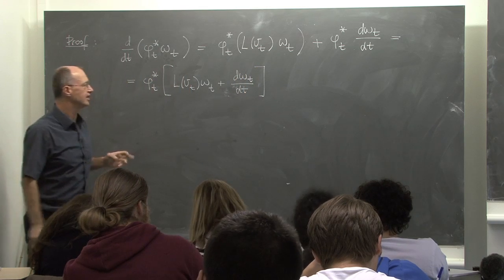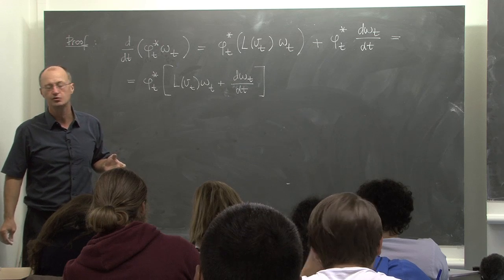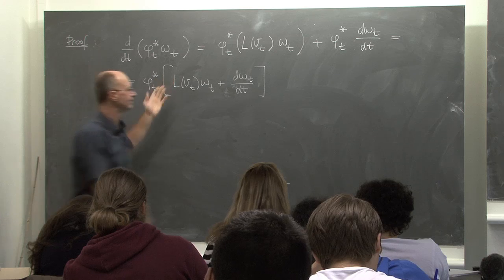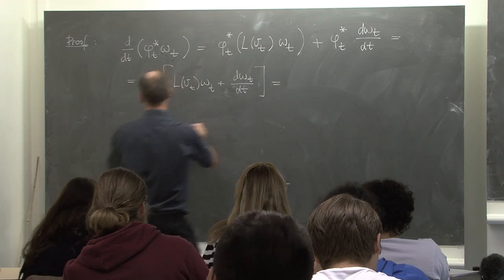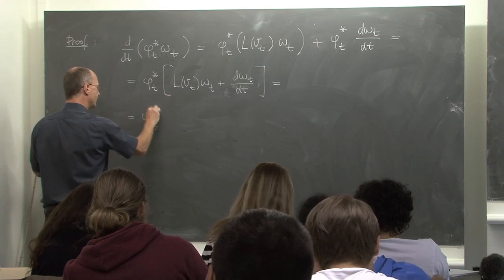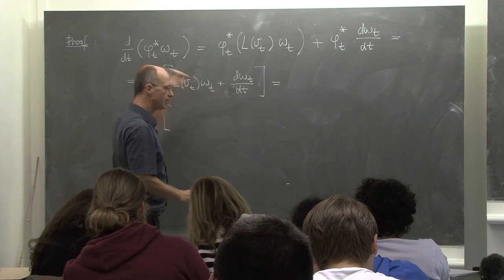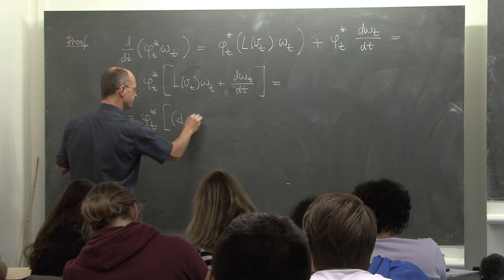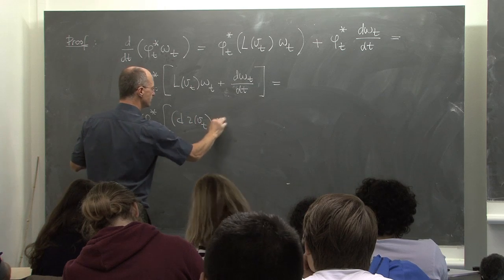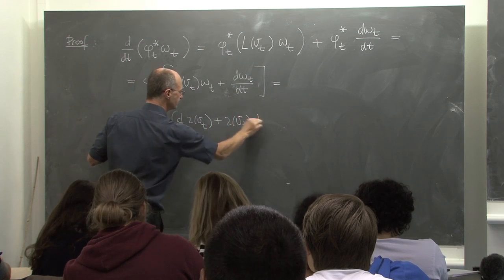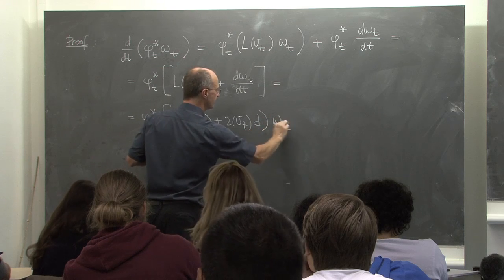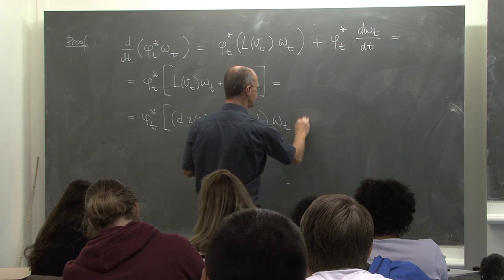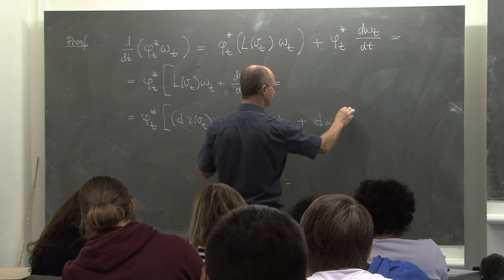You notice again, since the proof is so short, I'm trying to make it long, but it resists. It anyway wants to end. So this is phi t star. Now what about this? Here I think we need to use Cartan's magic formula, as usual, on omega t. And d omega over dt is this, d alpha t.